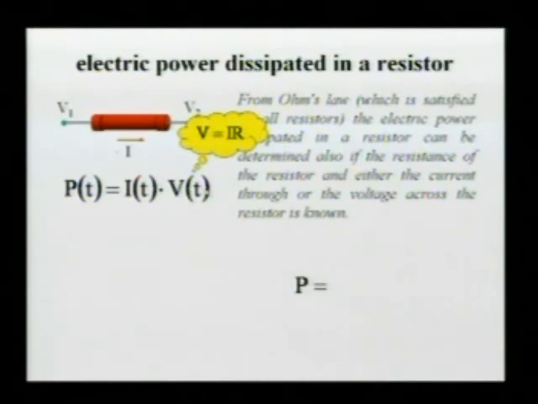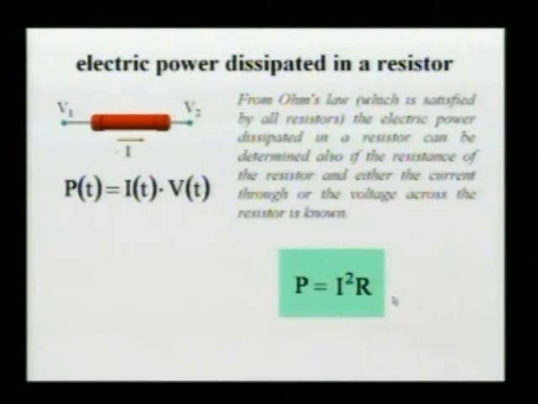I recognize that the potential difference across the resistor is equal to the current through the resistor multiplied by resistance. I can substitute it over here and get the square of the current multiplied by the resistance of the resistor.